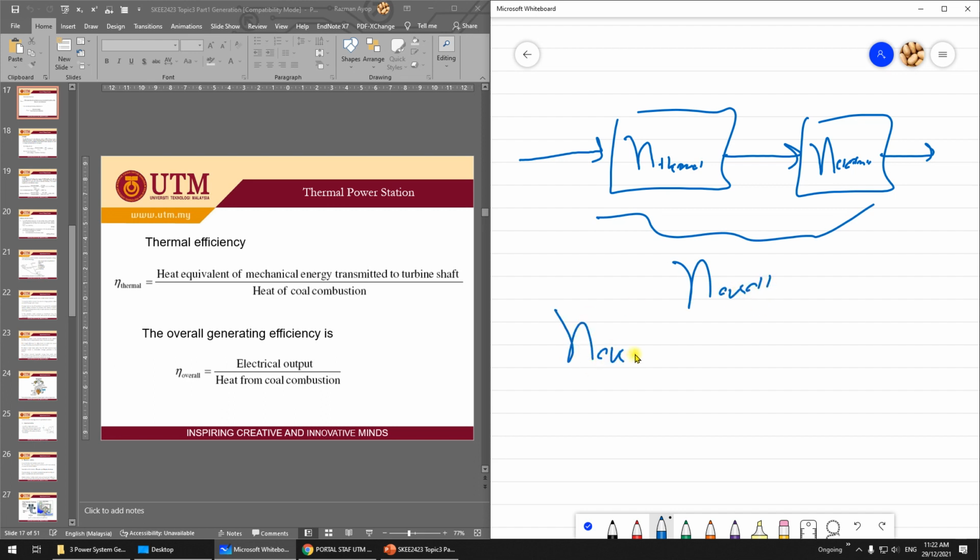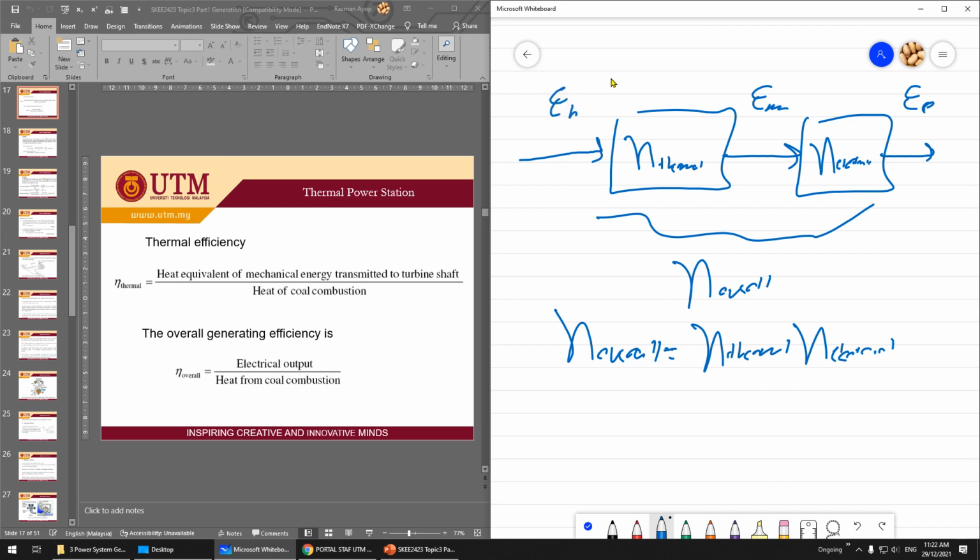So overall equals thermal and electrical. Make sure you know how to calculate this. This is the electrical energy, this is the energy from the mechanical, and this is the energy from heat.